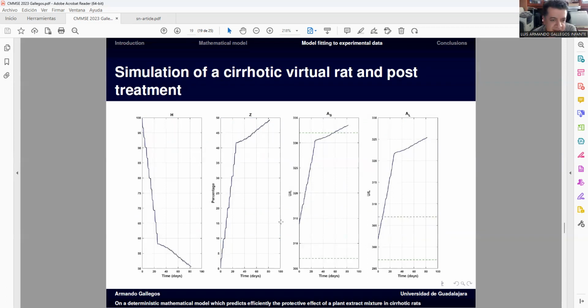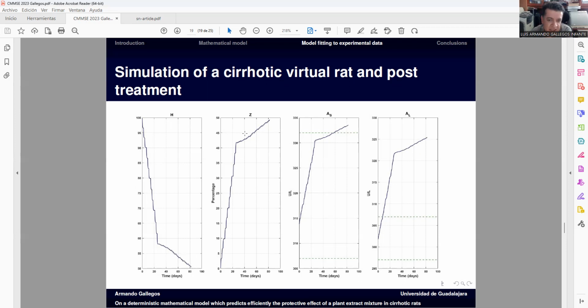Finally, here we can see the simulation of a virtual rat, where for the first 4 weeks the damage is induced, but after that, we remain with the damage, but now we include the treatment with the plant extract. Note that including the extract reduces the effects of the damage, but of course not eliminates it.